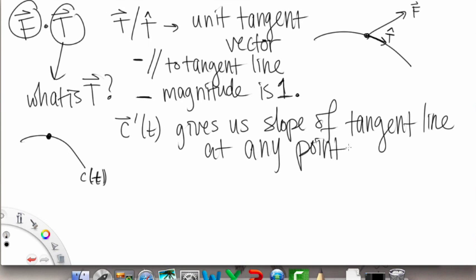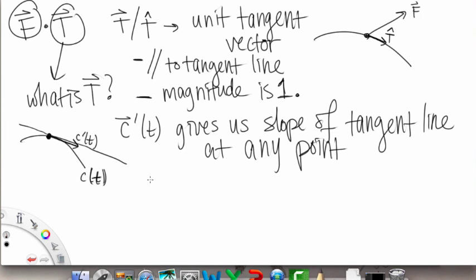So c prime of t will look something like this. It'll actually go along this tangent line at that point. So this is c prime of t, but c prime of t itself isn't necessarily a length of 1, okay?